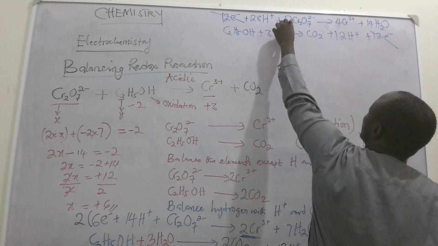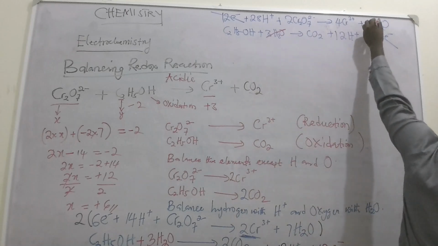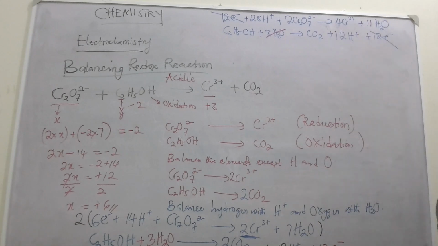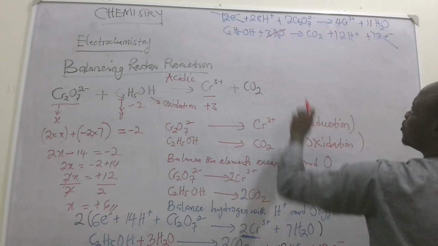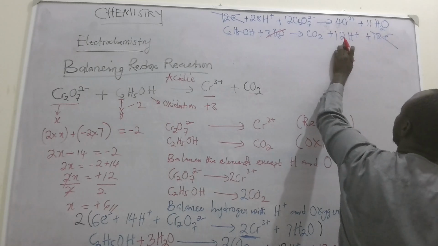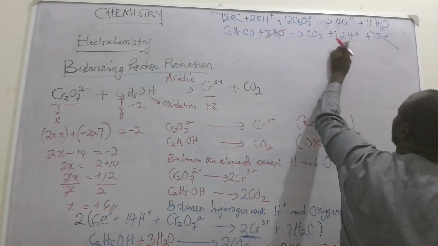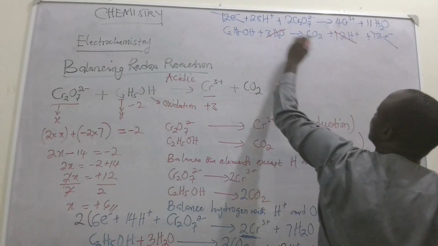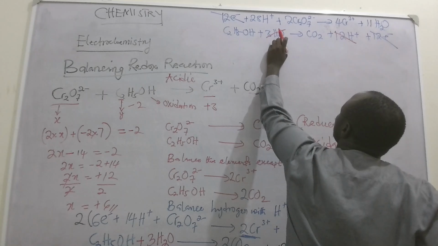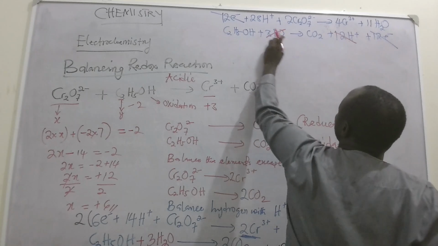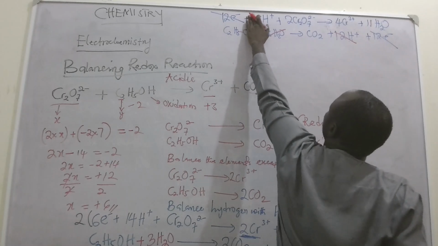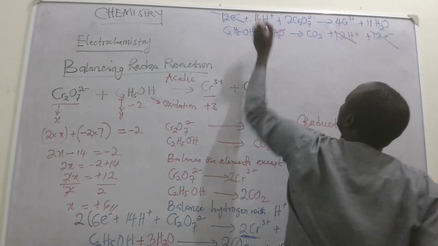We have 3 molecules of water here, so this will be cancelled, and here we will be left with 11 molecules of water. What about the hydrogen? We have 28 hydrogen ions and 12 hydrogen ions here, so this will reduce it to 16. So we now have 16 hydrogen ions.